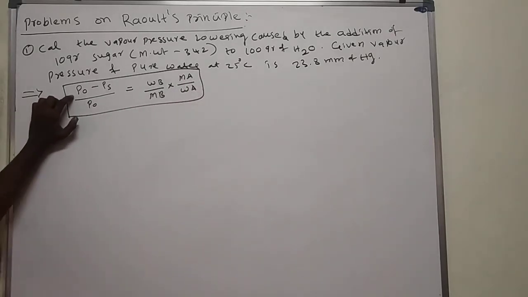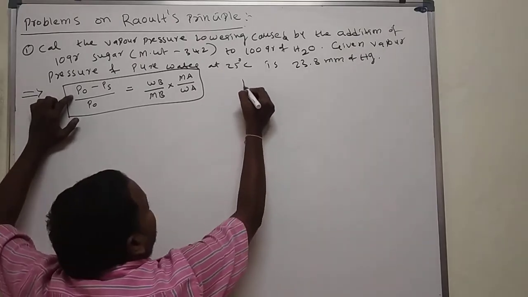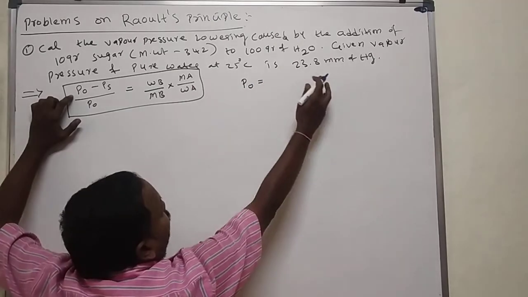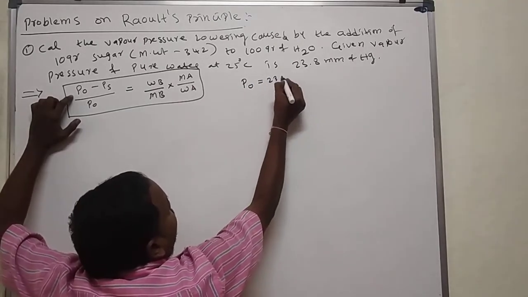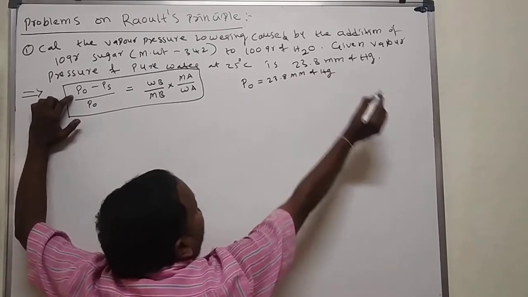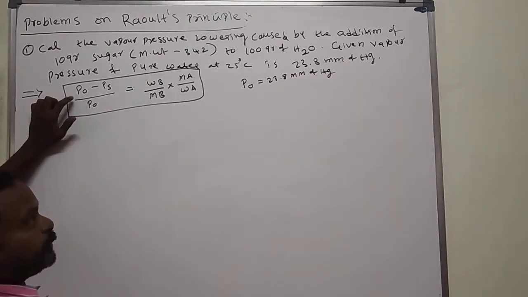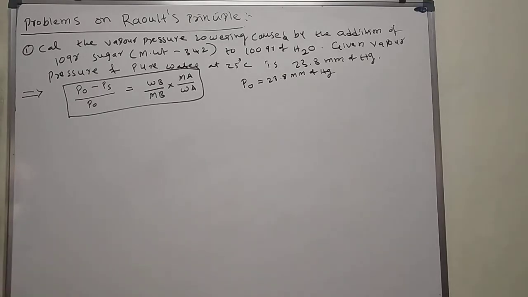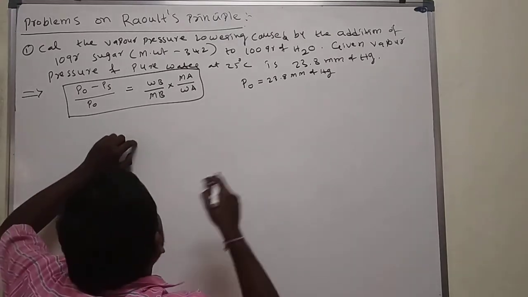Here P naught means vapor pressure of pure solvent. In the data given, it is 23.8 mm of Hg. You should calculate Ps here, and we'll see how you get the Ps.